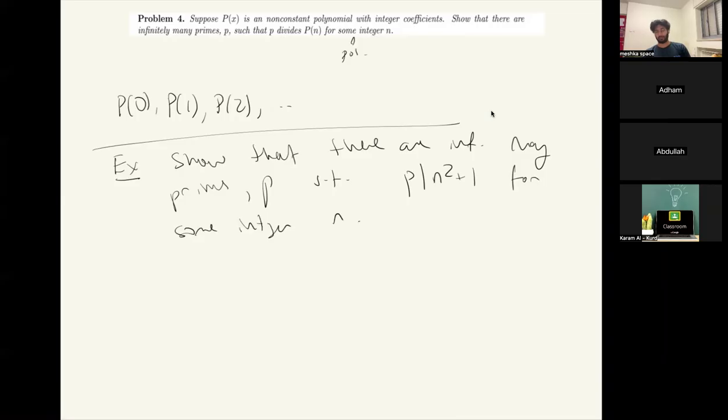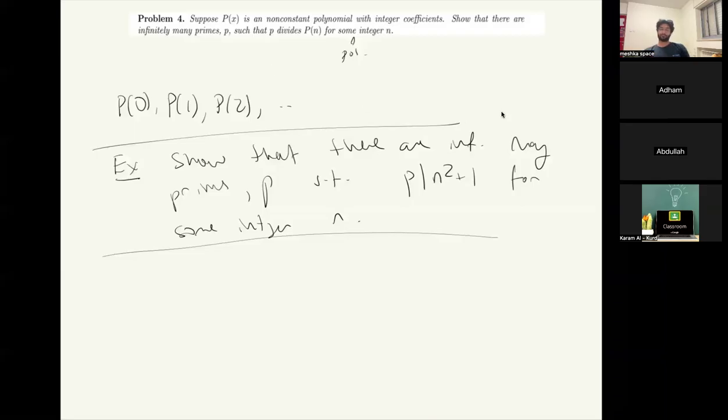Okay, so I'm claiming there are infinitely many prime numbers that divide a number of the form n squared plus 1 for some n. Does it make sense now, Adam? Yeah. Okay, great.